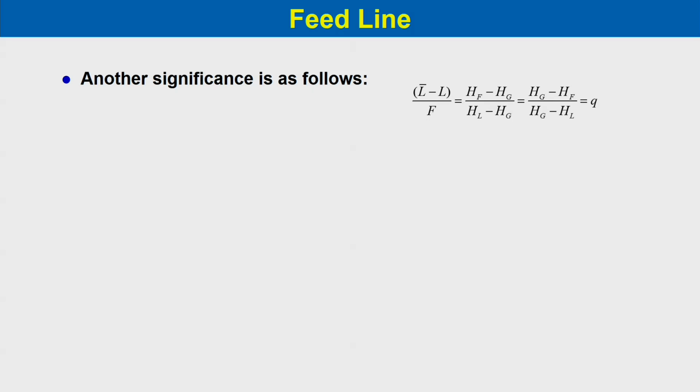This is the equation, (L bar minus L) divided by F is equal to (Hg minus Hf) divided by (Hg minus HL) is equal to Q. So, in previous slides we have said that Q is defined as the fraction of the liquid in the feed, that is the left hand side, L bar minus L by F. So, L bar minus L is the liquid which is available in the feed.